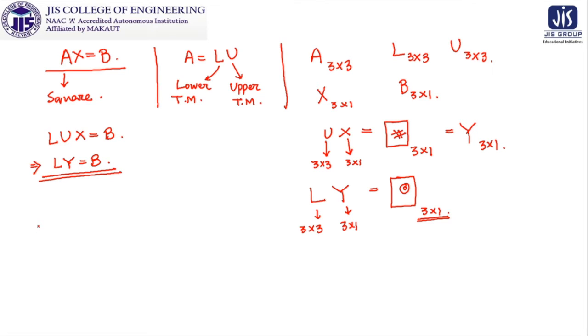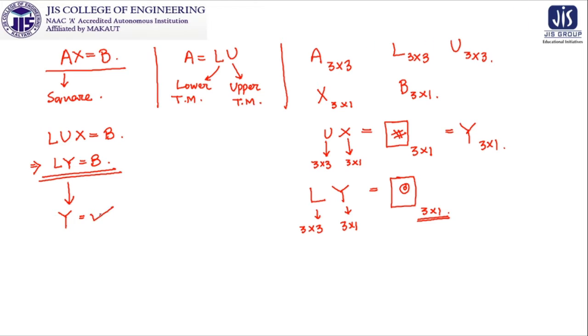Now one very important piece of information I want to share with you. After getting Ly = B, we can find the value of Y from this system, though Y is a column matrix of 3 cross 1 type.